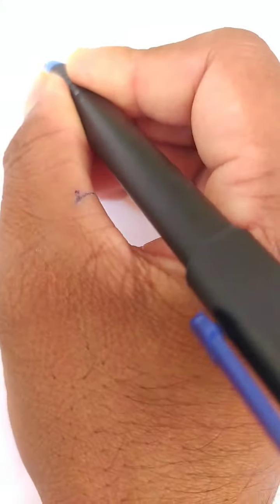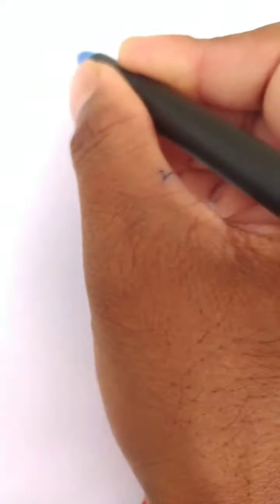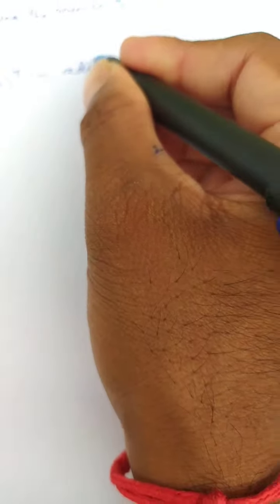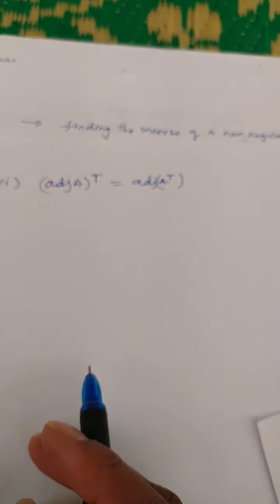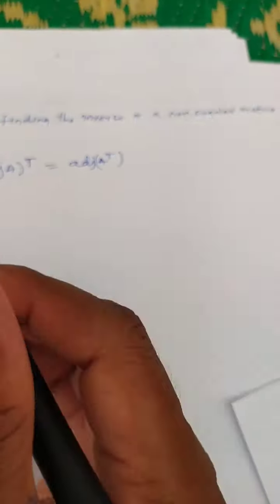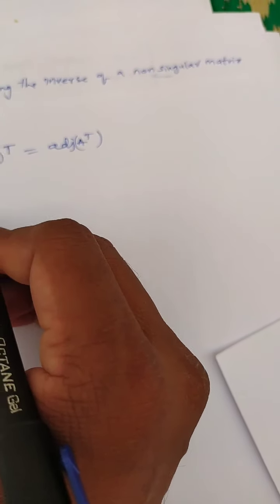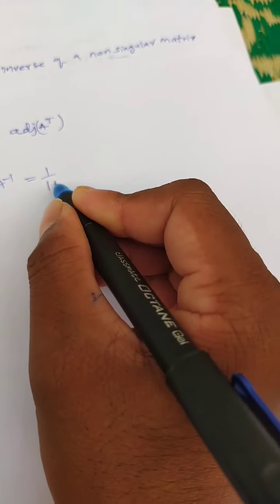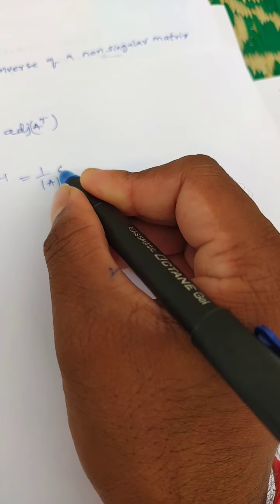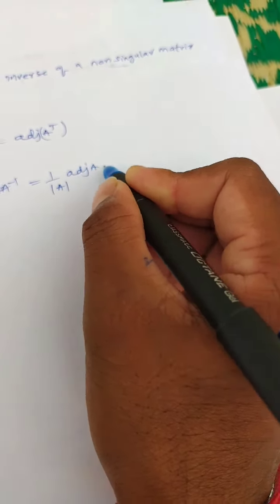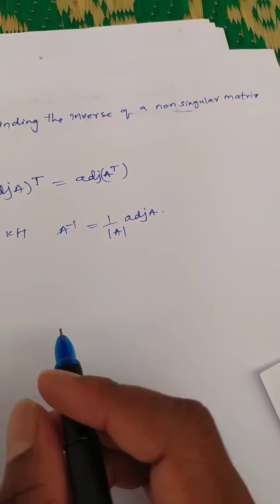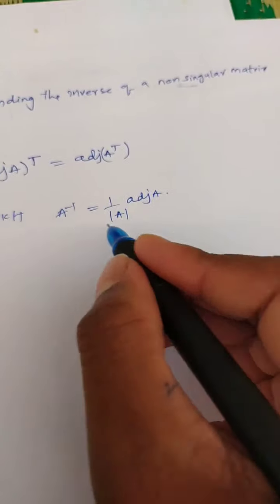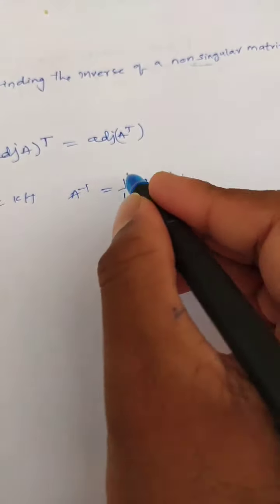Again, we know that A inverse is equal to 1 by det A into adjoint A, by the inverse definition.